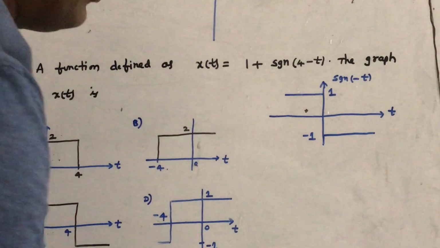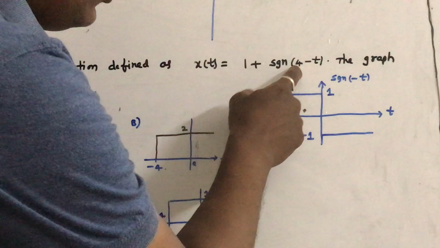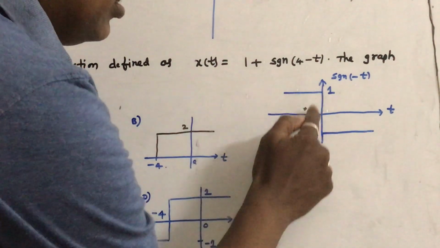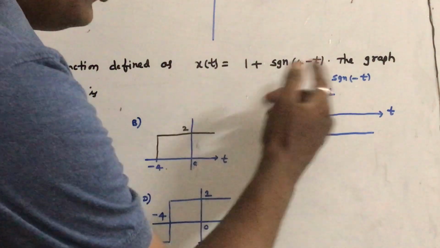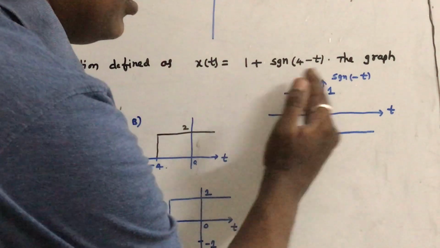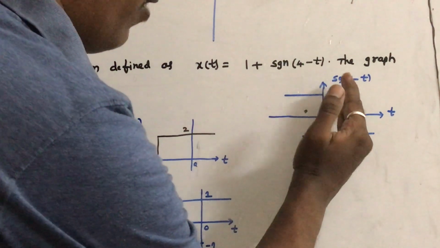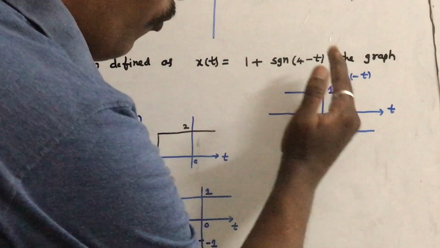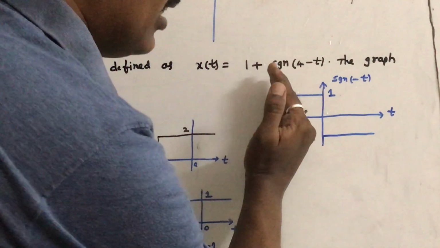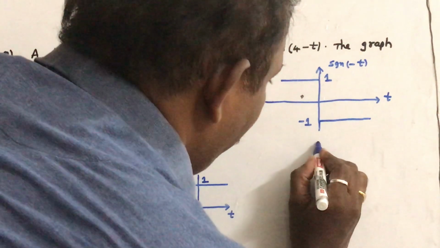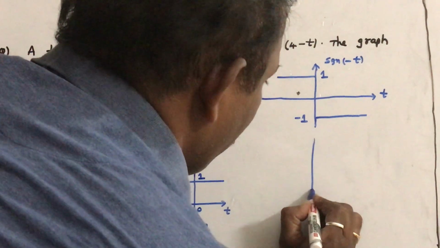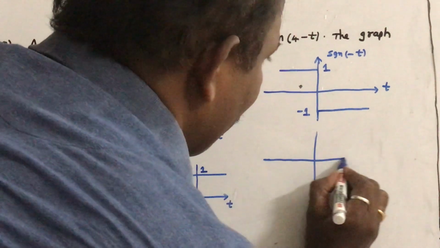Now, as you know from the time shifting property, where does signum of 4 minus t start? 4 minus t is equal to 0, so t is equal to 4. That means the same signal starts from t is equal to 4. Just shift the signal to t is equal to 4.